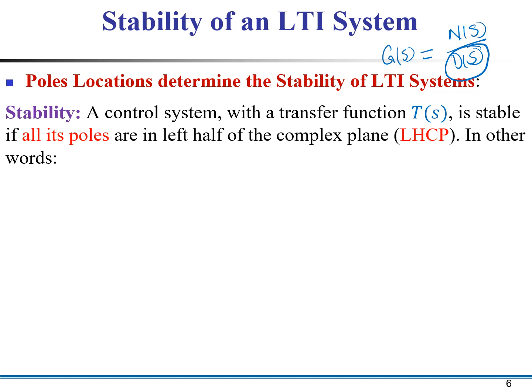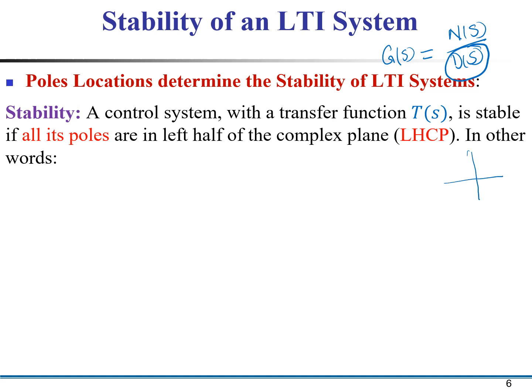So the first thing we say is that if the transfer function, here it is written G(s), we can also write it as T(s), is stable if all the poles of the system are in the left half complex plane. When we say the left half complex plane, we mean that s is the Laplace variable, and this Laplace variable is a complex variable. Here if I draw it, we call this the s plane.